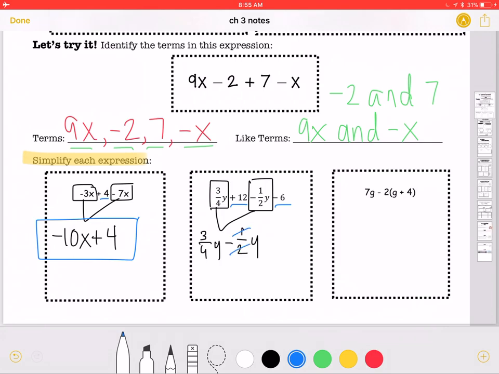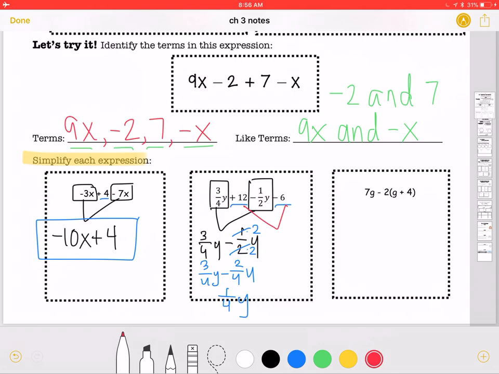I would have to multiply it by 2. So this would give me 2/4. So what is 3/4 minus 2/4? That should give me 1/4 y.